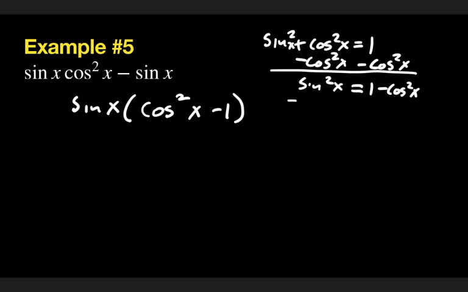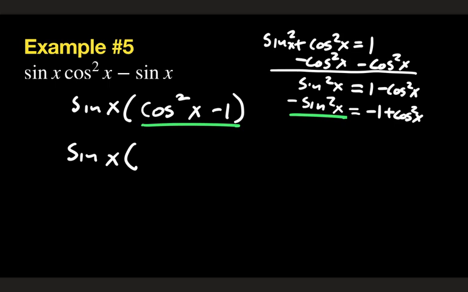To change the sign of everything, we're going to just divide by negative 1, and that gives you negative sine square x is equal to negative 1 plus cosine square x. So we know that this and this are equivalent. So I'm going to rewrite this as sine x times negative sine square x. So this is going to give us negative sine cube x.